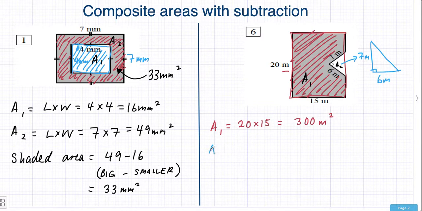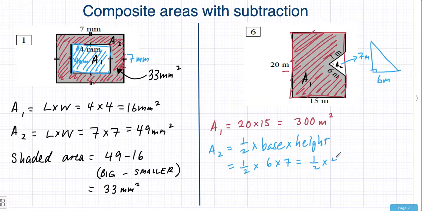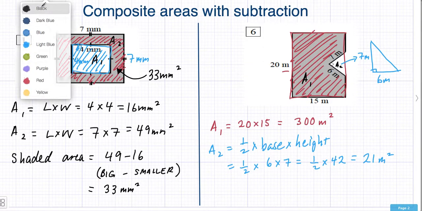So for this area, remember it's half the base times the height. And here we've got half of the base, which is 6, times the height, which is 7, which is half of 6 times 7, which is 42. So half of 42 is 21 meters squared. So this little triangle is going to be 21 meters squared.